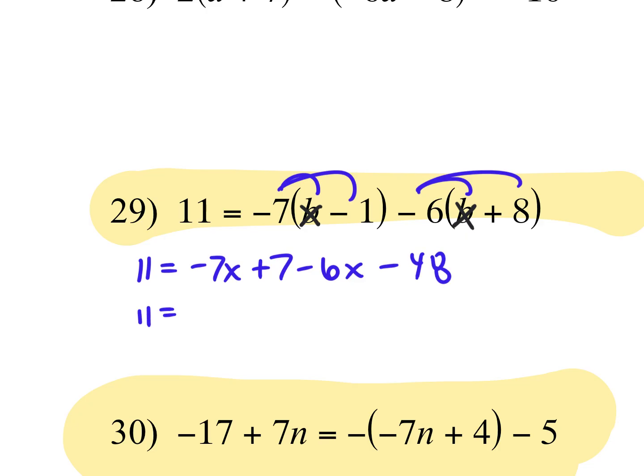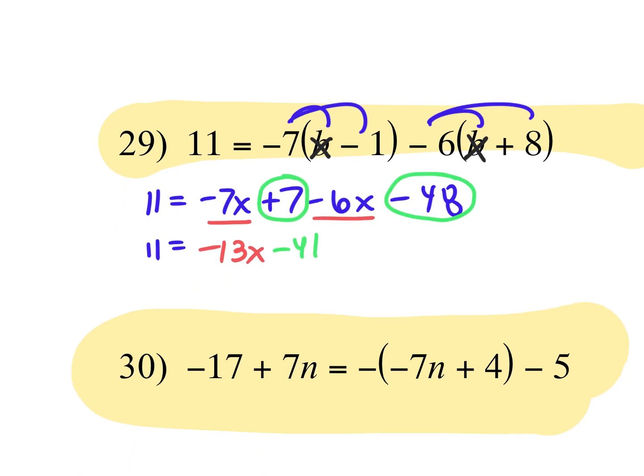Leave 11 over there. I have a negative 7x and a negative 6x. It's negative 7 and negative 6. Negative 13x. And then I have a positive 7 and a negative 48. So it's 7 minus 48. Negative 41, okay. What am I going to do with that negative 41? I'm going to add it.